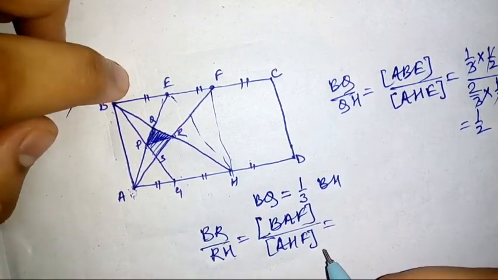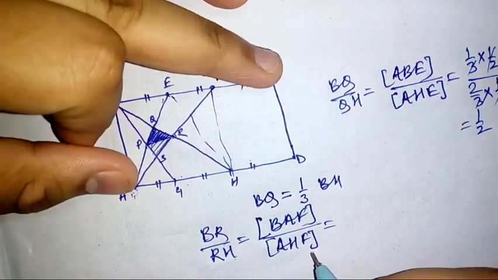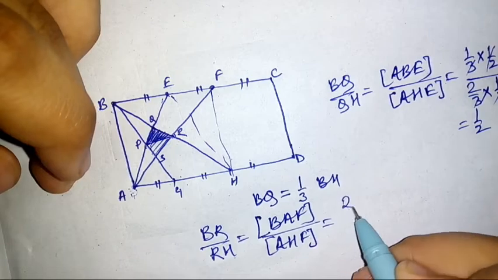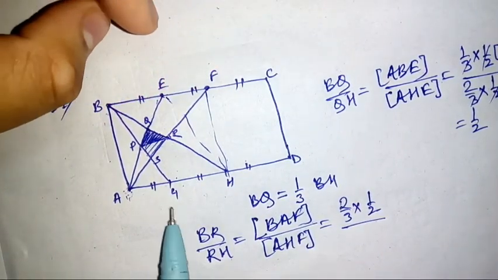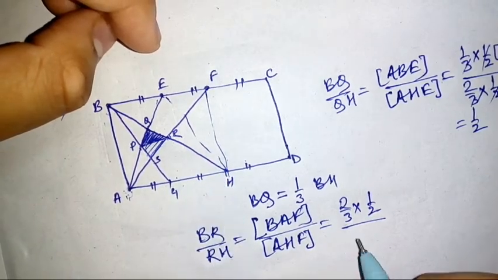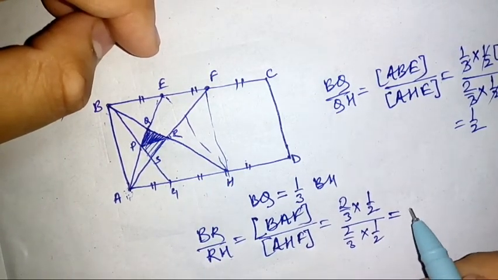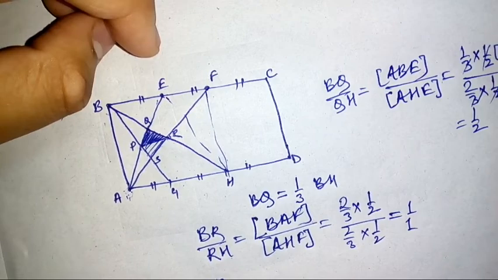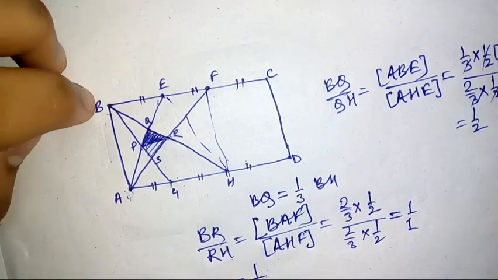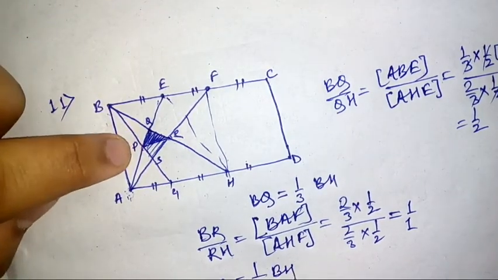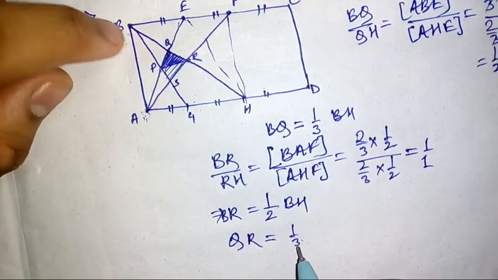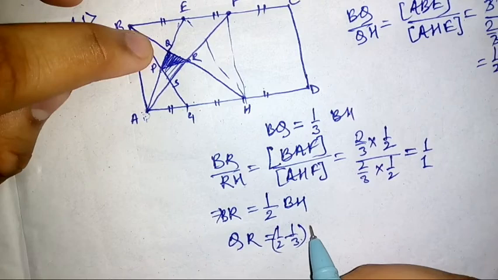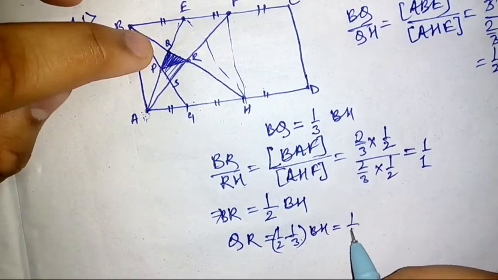Now BAF is 2/3 of this triangle, and this triangle is half of this whole rectangle ABCD, and this AHF is also 2/3 of half of this one, so this will be 1:1. So we can tell that BR is 1/2, half of BH. So using this we can calculate the length of QR. QR will be 1/2 minus 1/3 of BH, which will be 1/6 of BH.